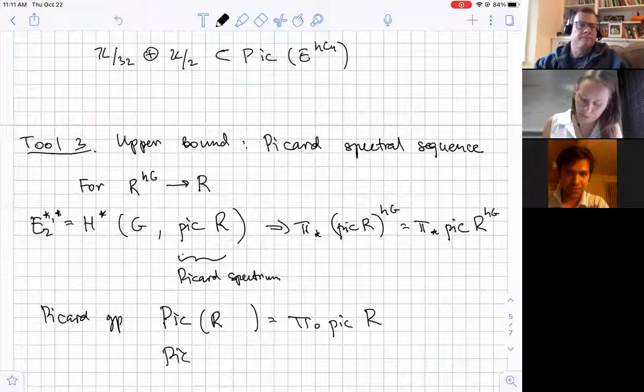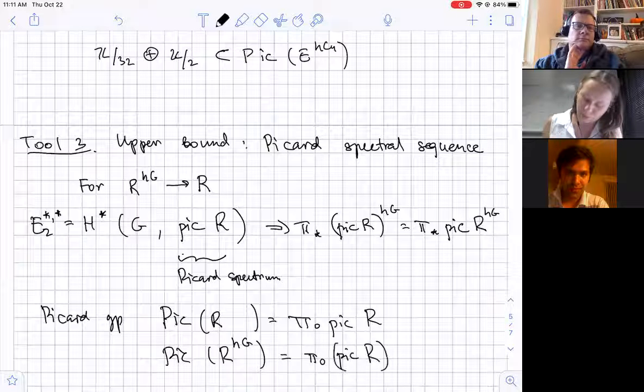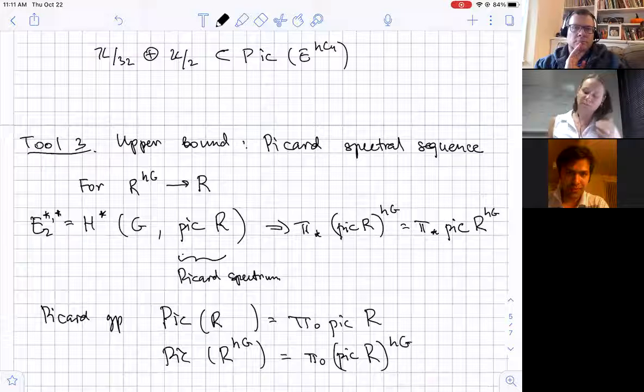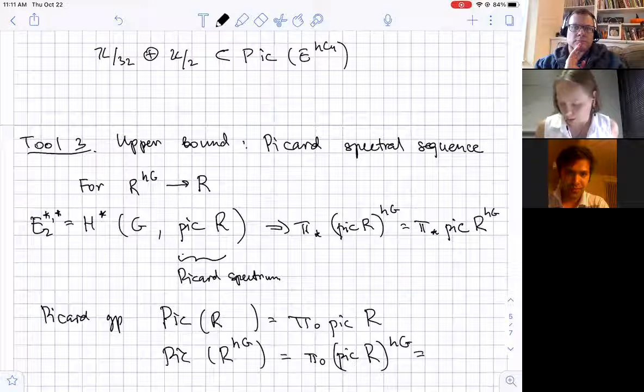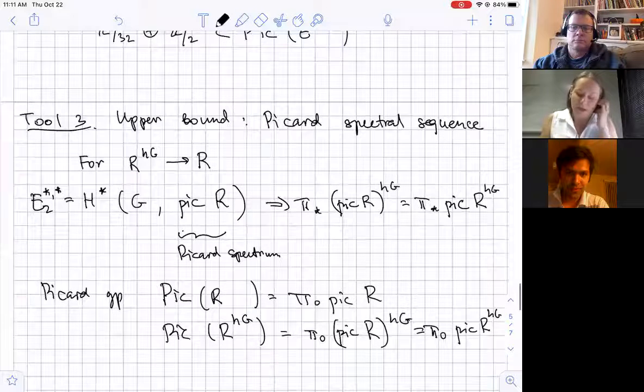In particular, Pic of R^hG is pi 0 of pic, and now you can choose how to think of it. Okay, right.